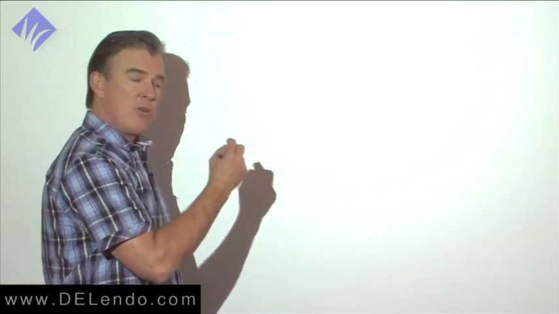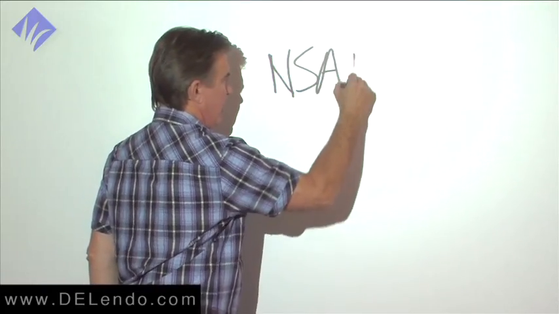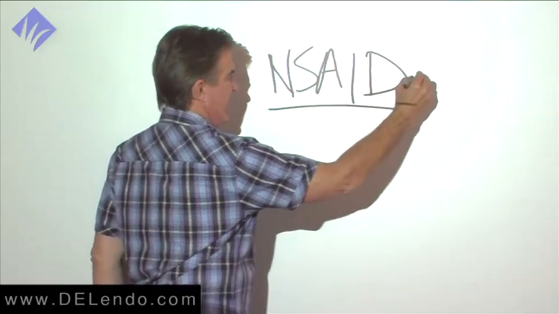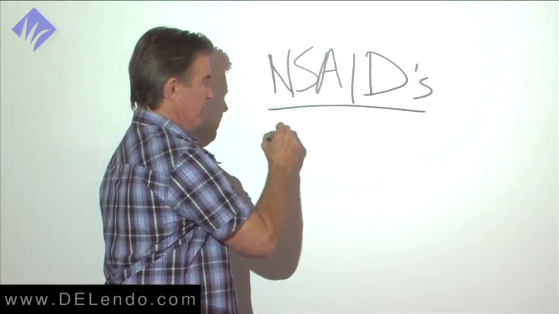One other comment I'd like to make about diagnosis with pulp testing, cold and heat pulp testing, is we need to be very aware of the presence of NSAIDs on board our patients' bodies.